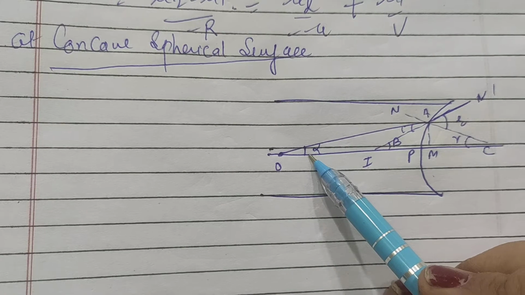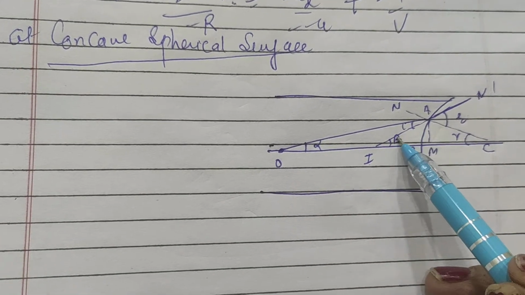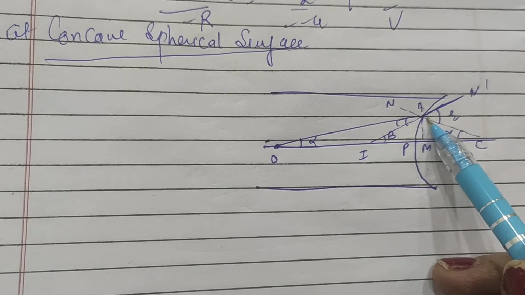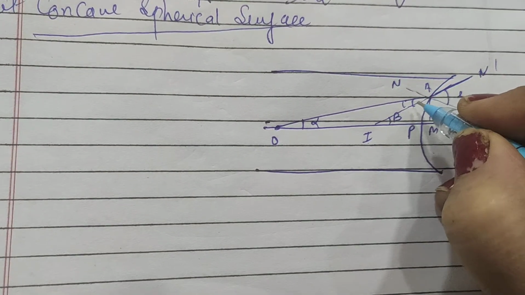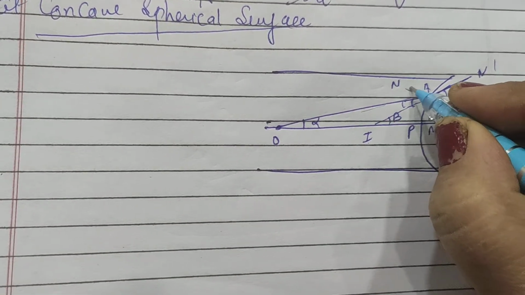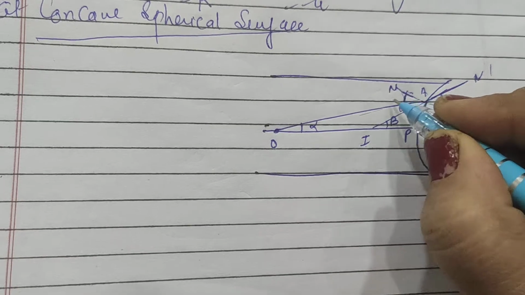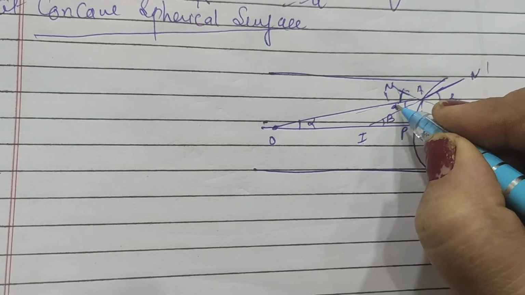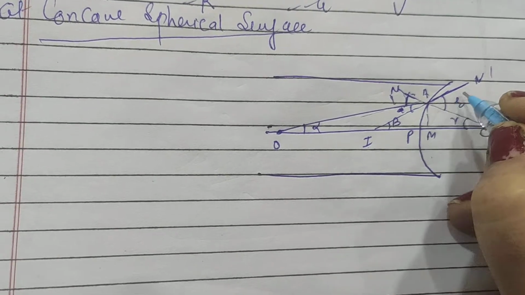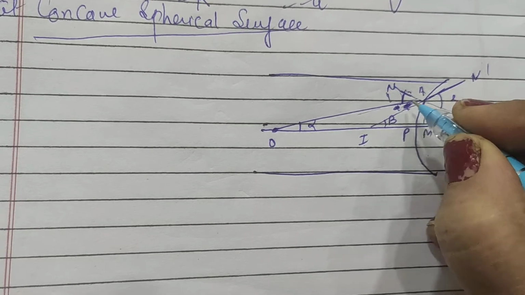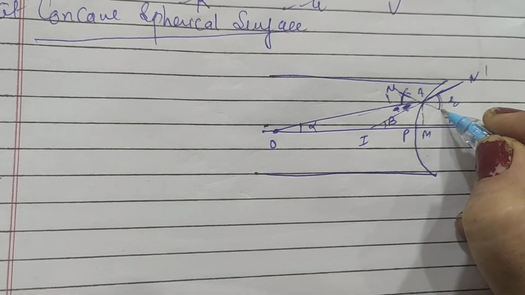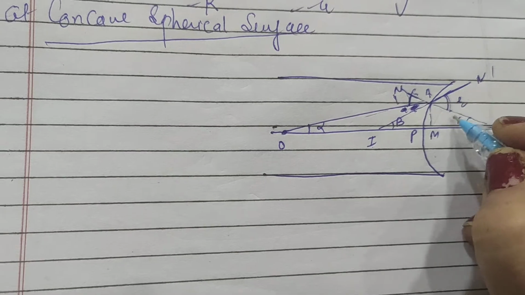Now alpha is the angle, and this is angle i with the normal. So what is the normal? Angle i should be this, the incident angle, not this one. And this is the angle made by the refracted ray.